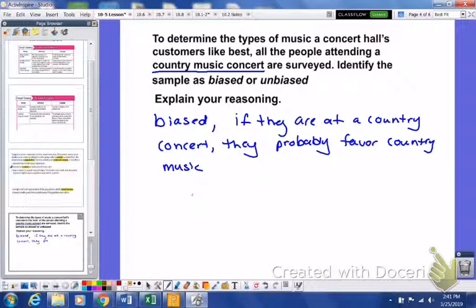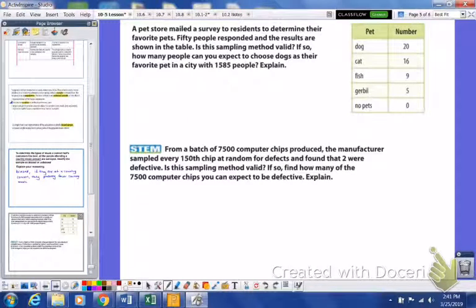So it's not representative of the entire population, and it's not completely random either. So again, it's biased because if they're at a country concert, they probably prefer country music. Okay? Let's take a look at the next one.